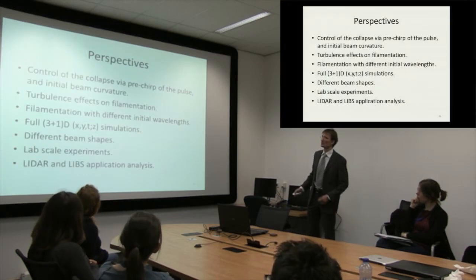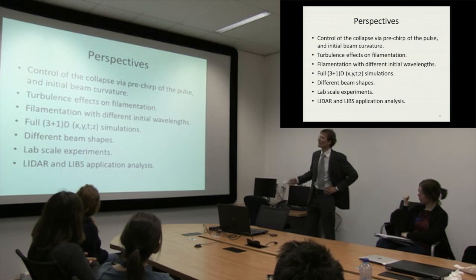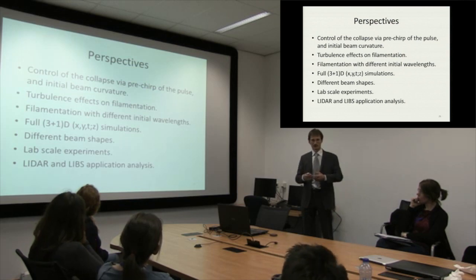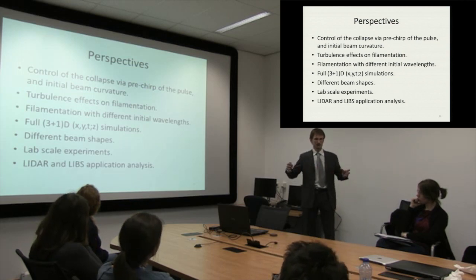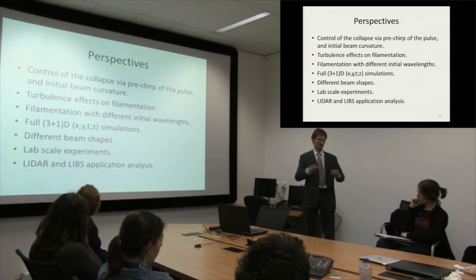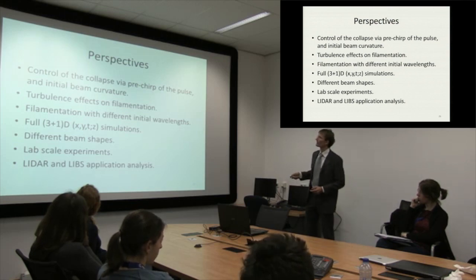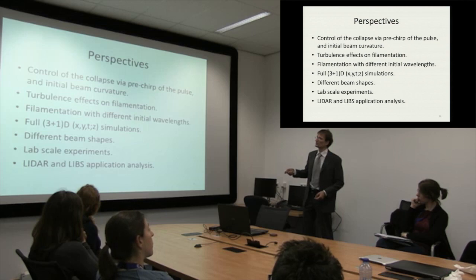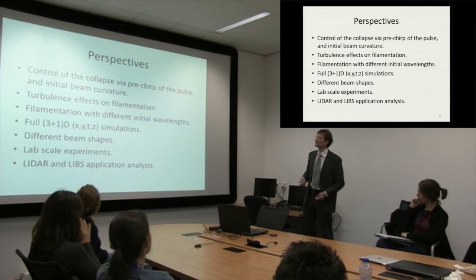And in perspective, we wrote that the control of a collapse via pre-chirping, so putting some phase modulation on our pulse, will also vary the height of the collapse. Later on we could analyze the turbulence effect on the filament.